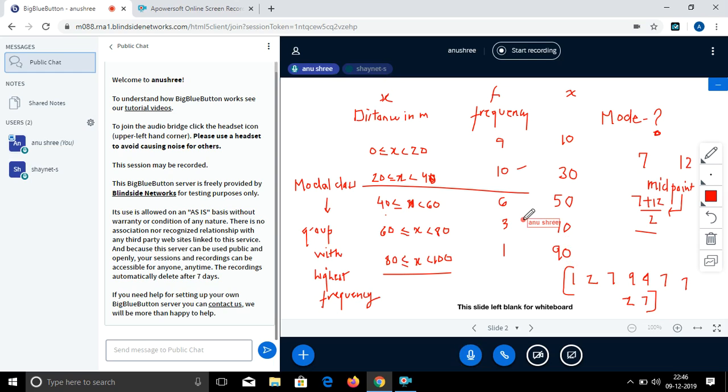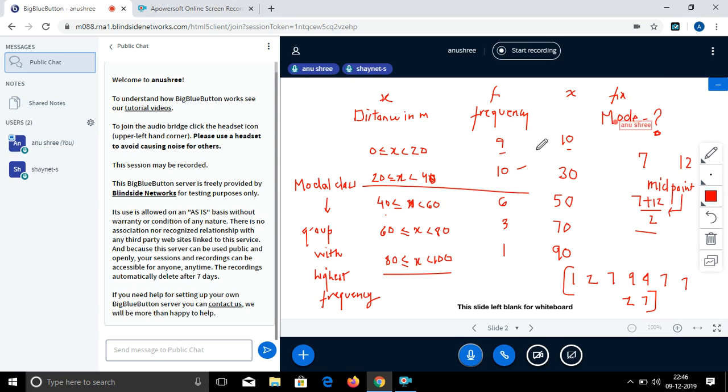So the very first thing, if you want to calculate the mean for tabulated data, is to calculate the midpoint. Once you calculate the midpoint, the second step is to multiply f and x together. You have to calculate fx here, which means f multiplied by x, for every row.